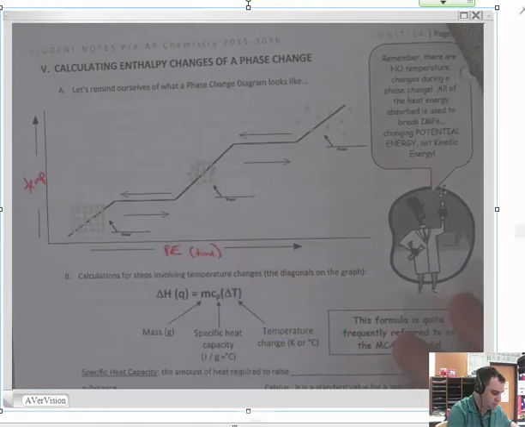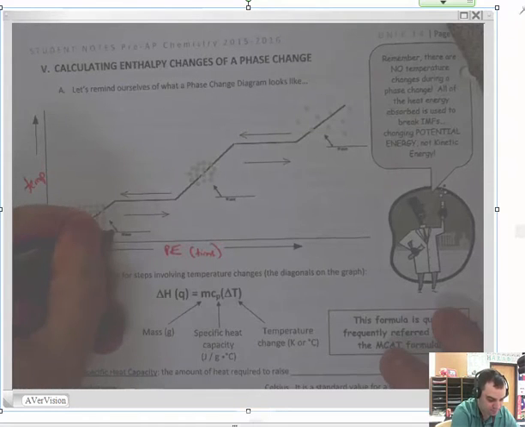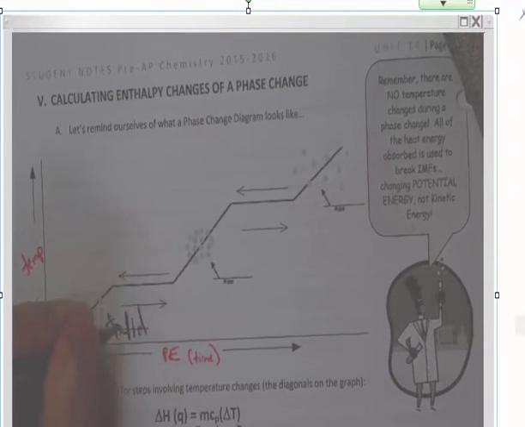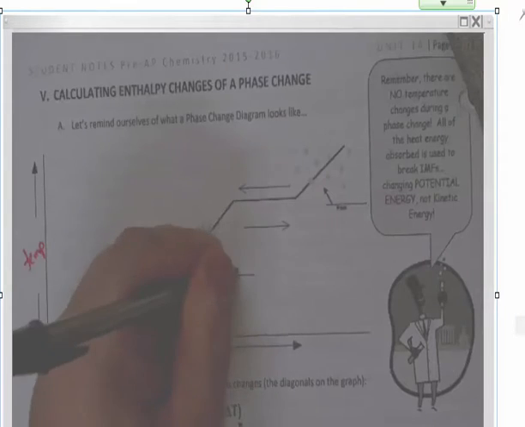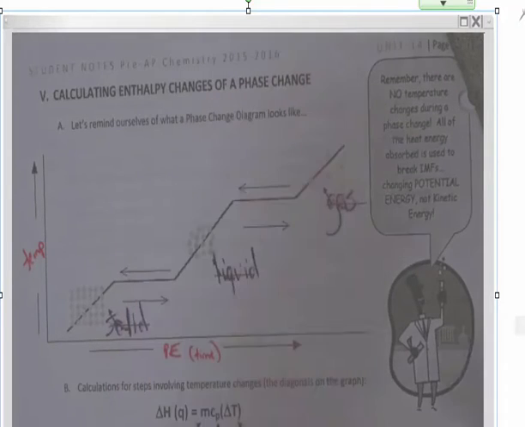You remember that there are 3 phases in a phase change diagram: solid, liquid, and gas. Right?